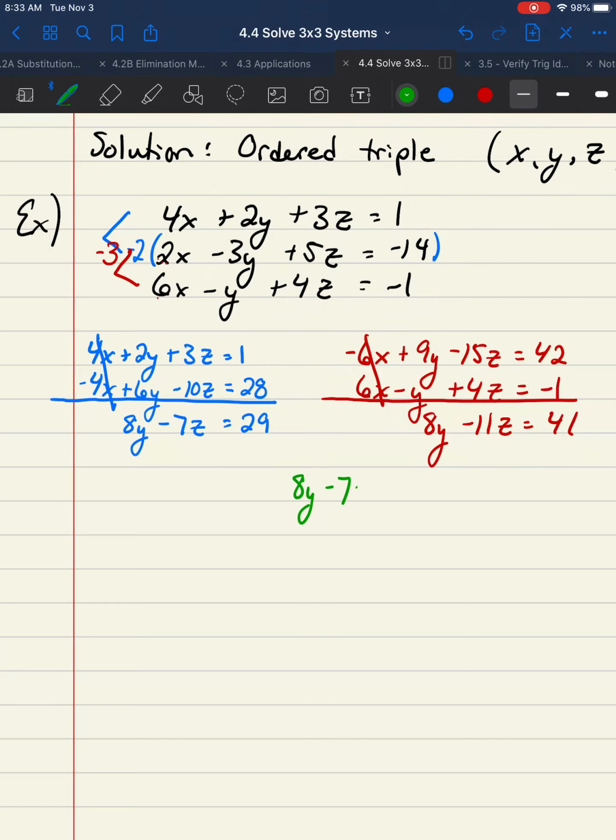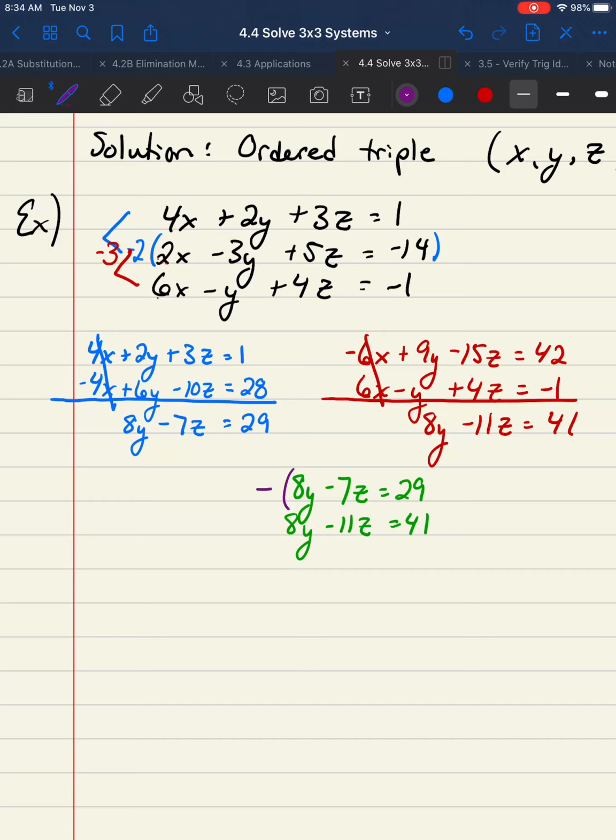Now I've got two new equations, and I'm going to stack them one right on top of the other so it's a little easier to look at. What I just wrote in green looks like the substitution and elimination homework we were doing in previous lessons.